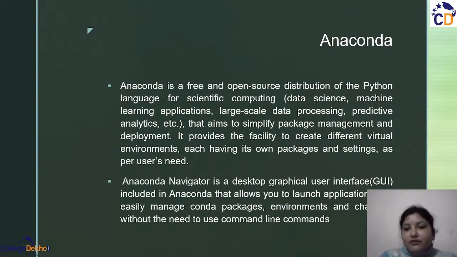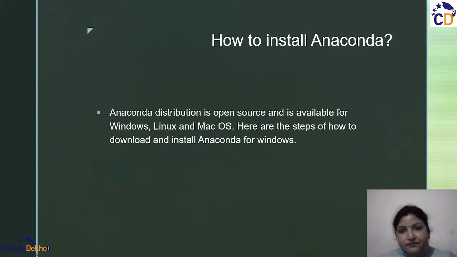So let us start with the installation, how to download it. How to install depends on whatever your operating system is. Suppose I am using Windows, then I need to select Windows. If it is a Linux operating system, you select Linux. If you are using Mac OS, you choose that.